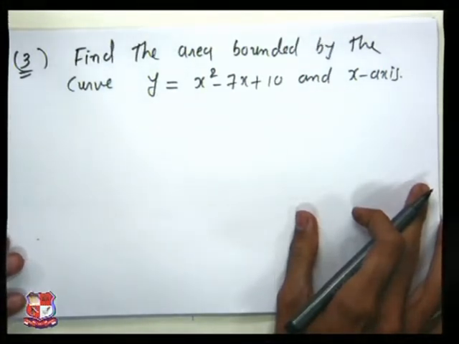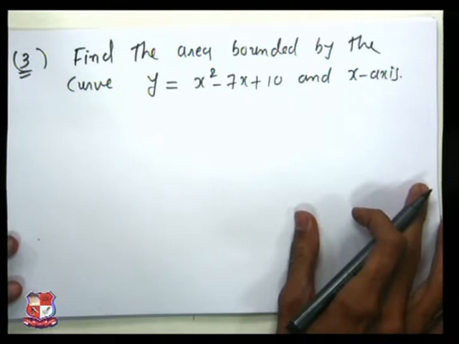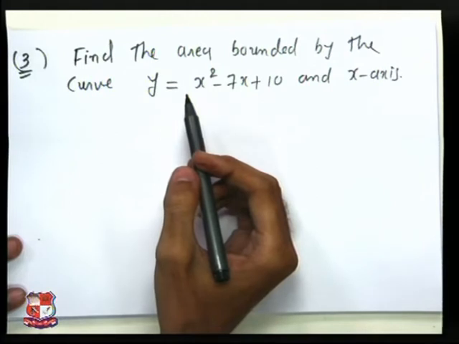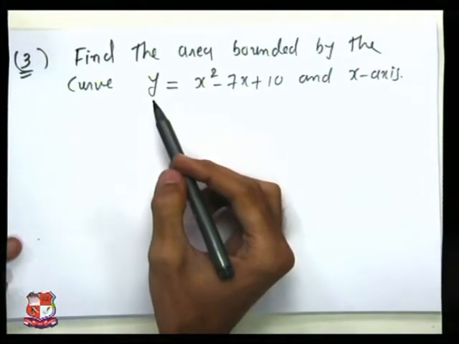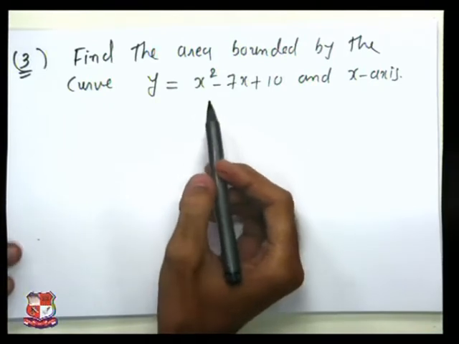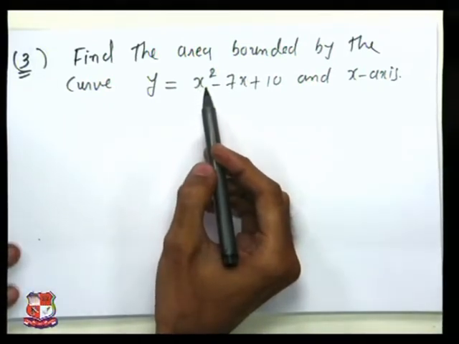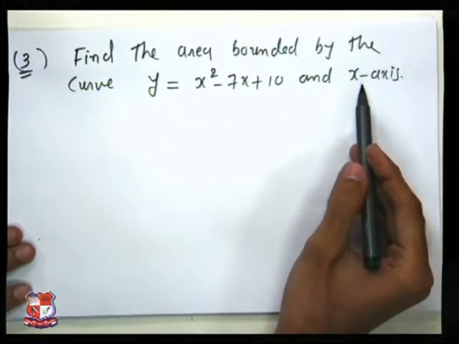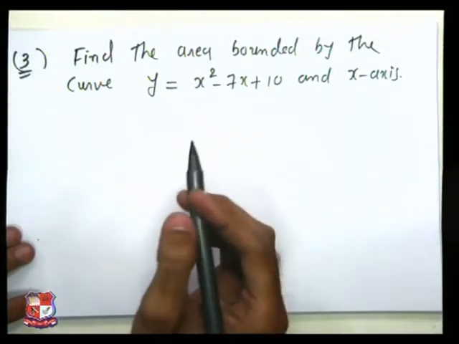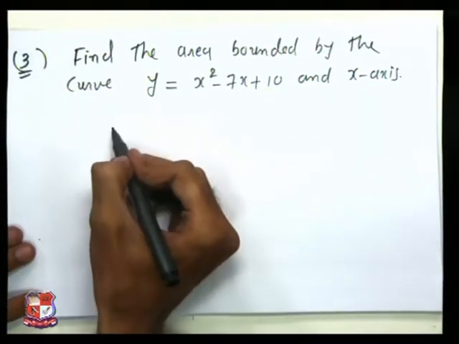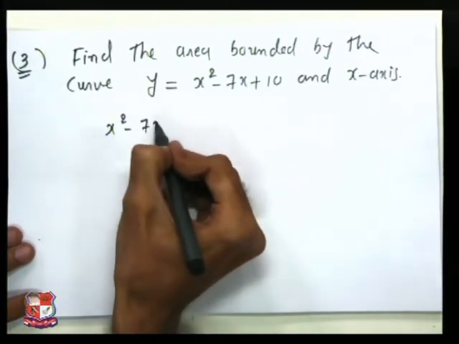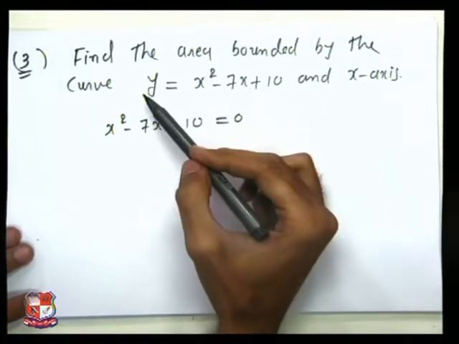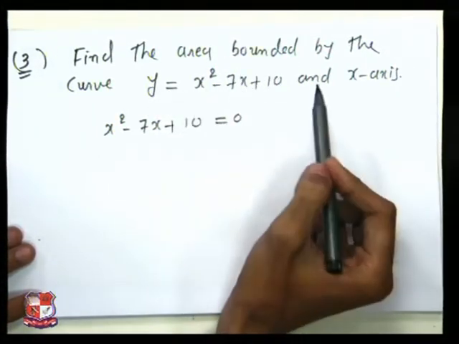First we need to draw the diagram, and before we draw the diagram we need to find the crossing point of this one. On the x axis y is equal to 0, so if we put y is equal to 0 here, then we will get x square minus 7x plus 10 is equal to 0, because we need to find the area bounded by the curve and the x axis.